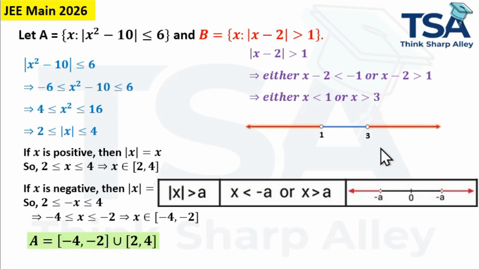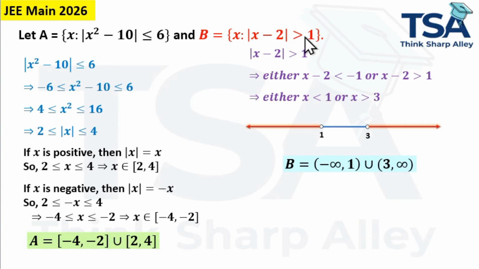So in interval notation, this becomes B is equal to -∞, 1 in parenthesis union 3, infinity. Since the original inequality used is a strictly greater than symbol, the numbers 1 and 3 are not included, and that's why we use open parentheses instead of square brackets.